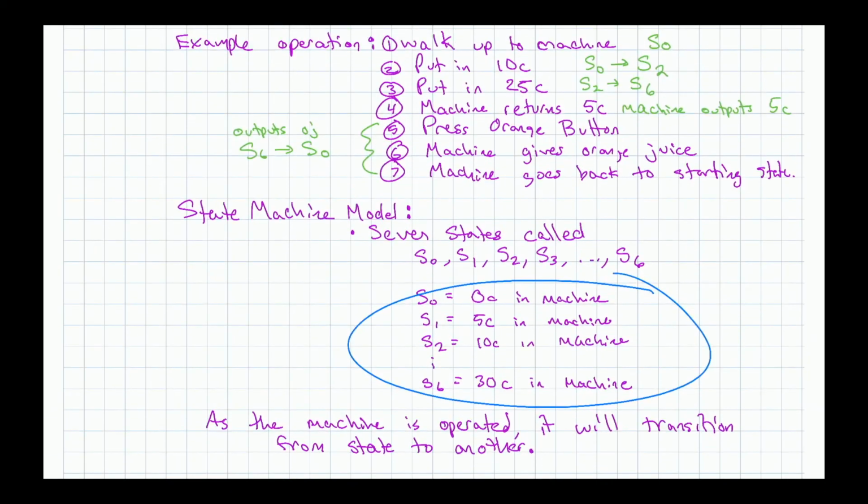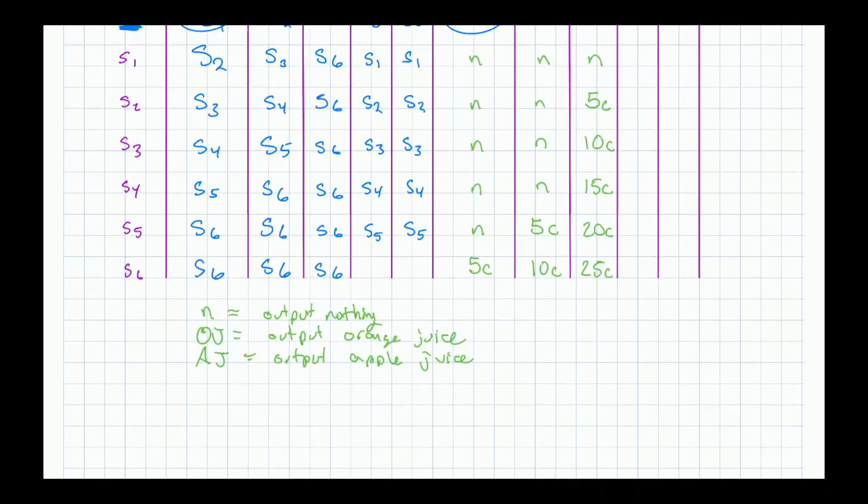If you've got 30 cents in and you press the button, you actually need to go back to the original state. So this is where you go back to the start at 0. Now it doesn't just go back to 0, right? It also spits out orange juice. But you say spits out orange juice over here, right? This is where you say that.